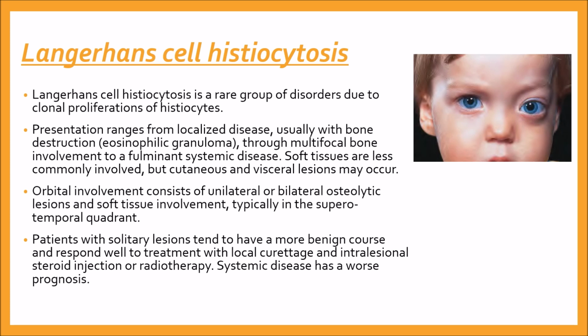Soft tissues are less commonly involved, but cutaneous and visceral lesions may occur. Orbital involvement consists of unilateral or bilateral osteolytic lesions, and soft tissue involvement, typically in the supratemporal quadrant. As you can see here in the left eye, there is dystopia and a little bit of proptosis.